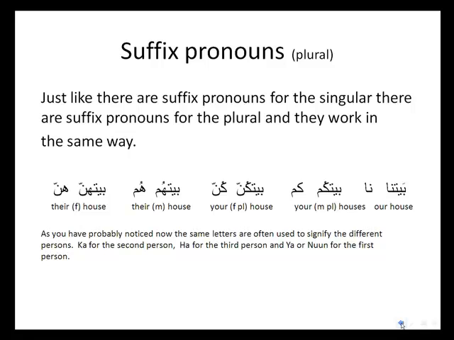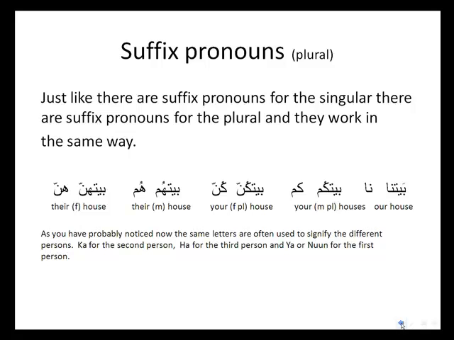It's very important to remember that when you add these suffix pronouns, that makes the word definite. The same as in Swedish or English. When you talk about a house, we have no idea whose house this is, where it is, anything about the house. When we say the house, we know which house we're talking about. When we say your house or my house or their house, again, we know which house we're talking about.